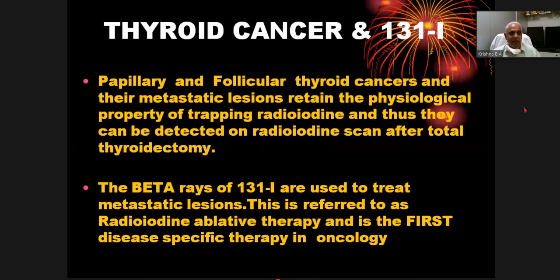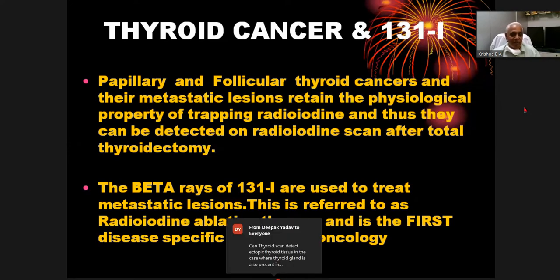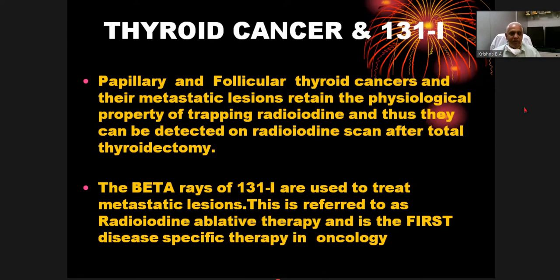That is, thyroid hormone is not produced by a metastatic thyroid cancer which accumulates radioiodine. The beta rays of I-131 are used to treat the metastatic lesion. This is referred to as radioiodine ablative therapy and is the first disease-specific therapy in oncology in the last 70 years.